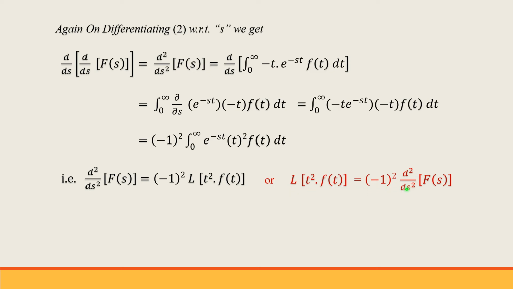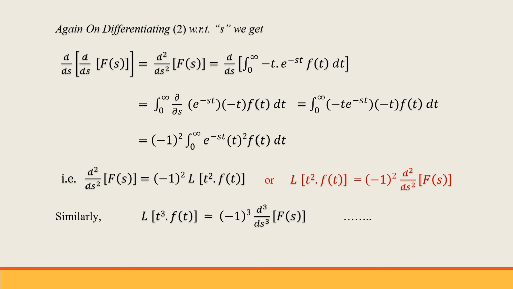In the same way as we have written earlier, similarly, if we once again differentiate, we get Laplace transform of t cube into f(t) equal to minus 1 raised to the power 3 d cube by ds cube of F(s), and so on. So you find as the power of t goes on increasing, the power of minus 1 also goes on increasing, as well as the order of differentiation.